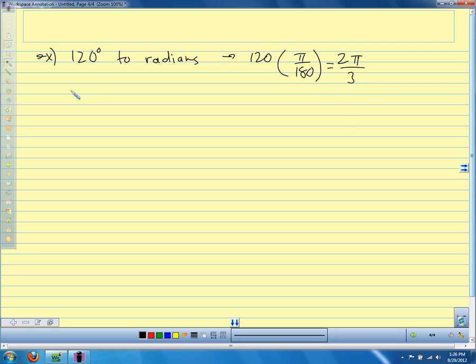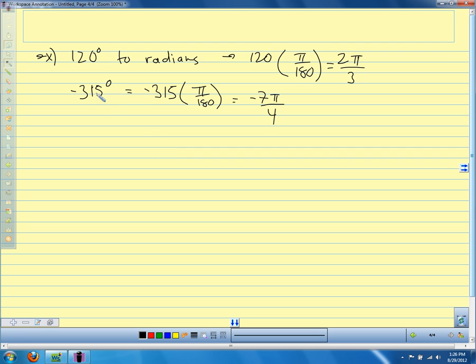And if we want to convert negative 315 degrees, that equals negative 315 times pi over 180, and that would give me negative 7 pi over 4. To get these fractions, I'm just reducing them. Yes?